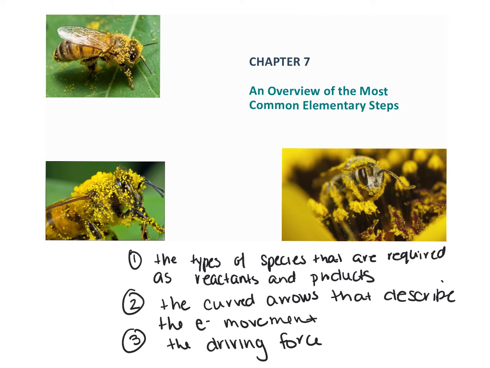Think of the Chapter 7 summary as a reference to be revisited frequently, not only as you make your way through this chapter, but also when you encounter these elementary steps in reaction mechanisms in later chapters. General forms of all 10 elementary steps are described in the chapter summary on pages 350 through 351.